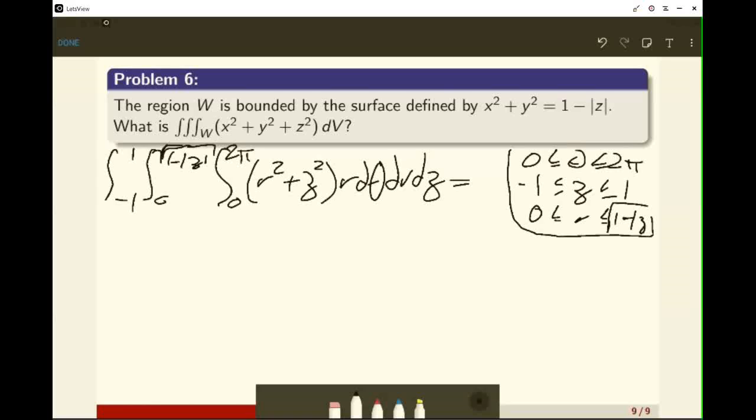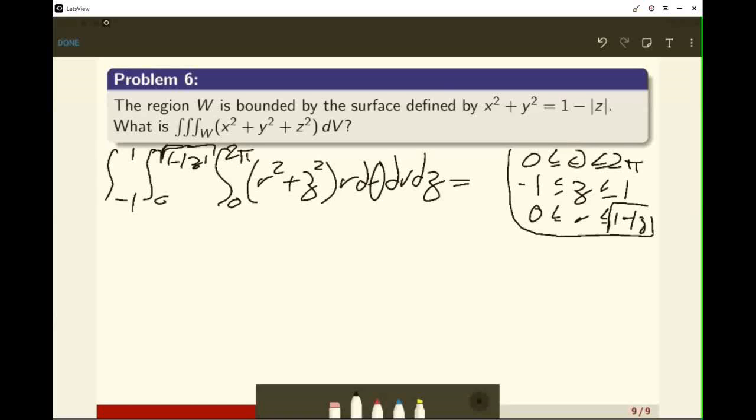And so rather than doing this integral fully in z from -1 to 1, the bit from -1 to 0 is going to be exactly the same as the bit from 0 to 1, both in what we're integrating and what the bounds in r are that we're integrating over.